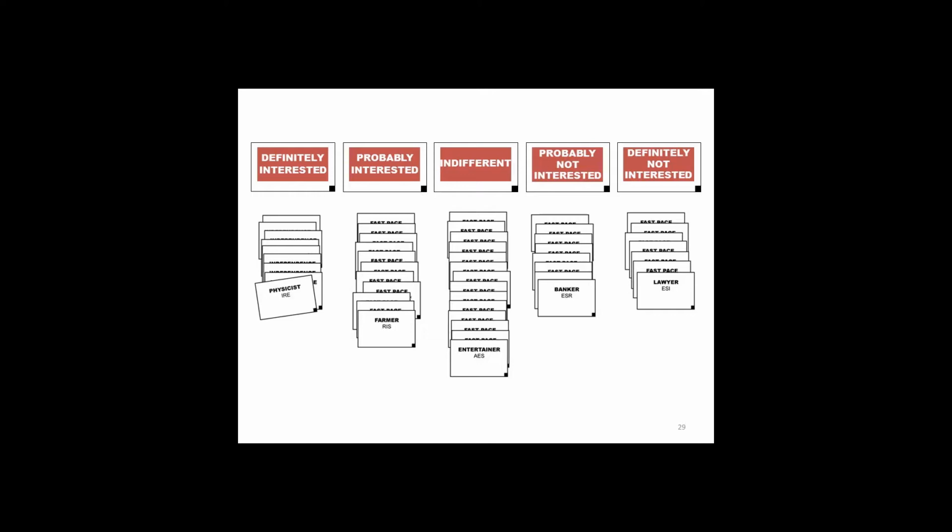So after the client has sorted them into those 5 categories, as you can see on the PowerPoint, I then ask them to take the 10 to 15 to 20 occupations that are most interesting to them and take those to one side, and sort them into the most naturally occurring groups according to how attractive those occupations are.